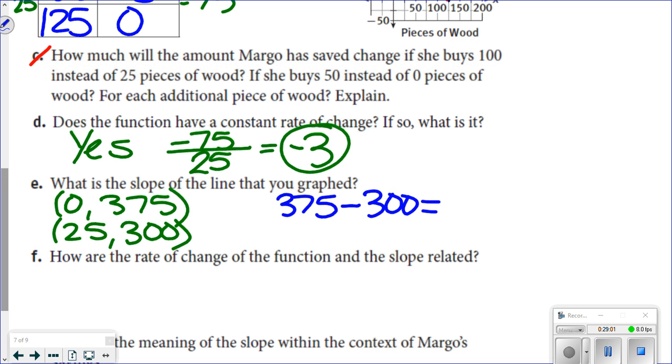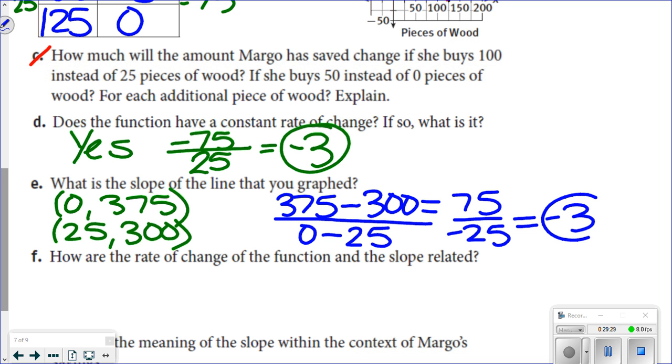Go ahead and subtract those two things. And we get 75. 0 minus 25. So either way, we get a -3.